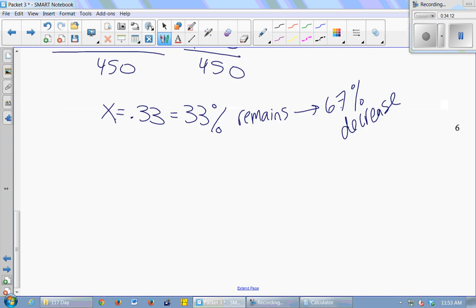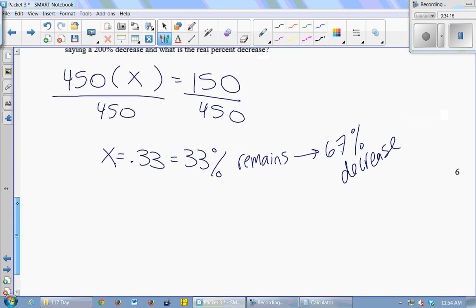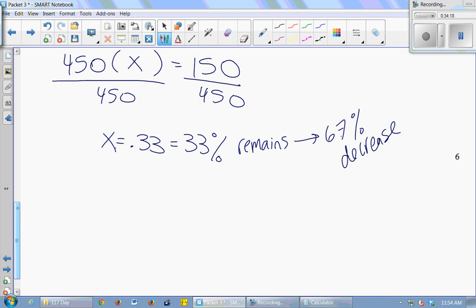It's still good. Yeah, it's not 200% though. 200% sounds more impressive, right? So let's do it the other way too. Let's do percent change, because that can be a little bit confusing when you get 33% and you have to remember to subtract it from 100.